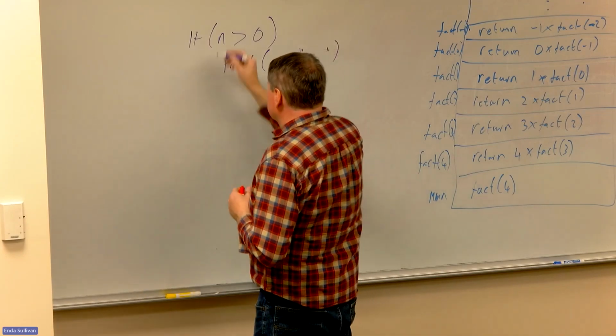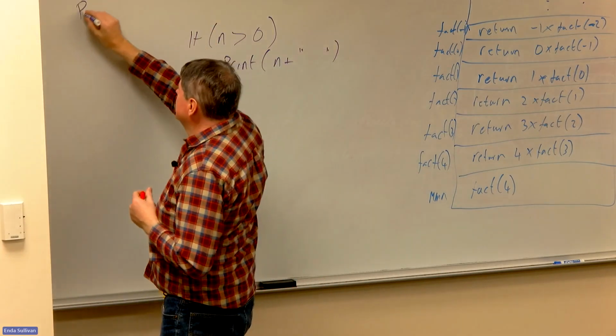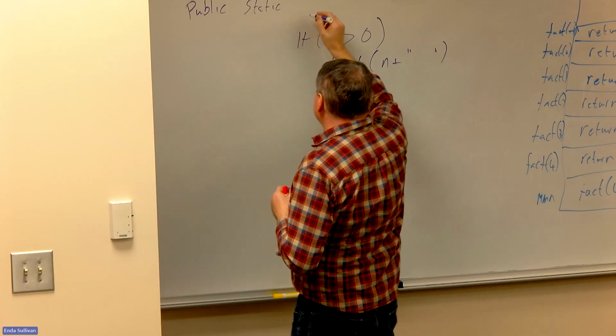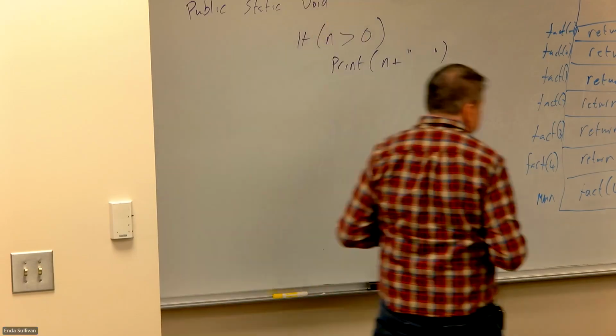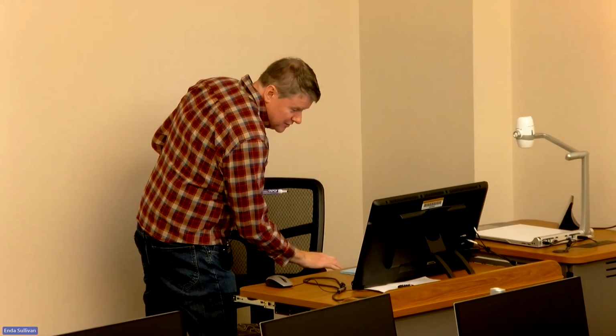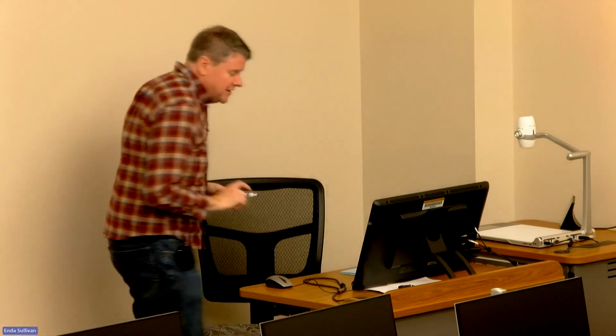And then there's a recursive call. This method is public static void, I think. I've forgotten the code. Public static void print numbers int n. Great.